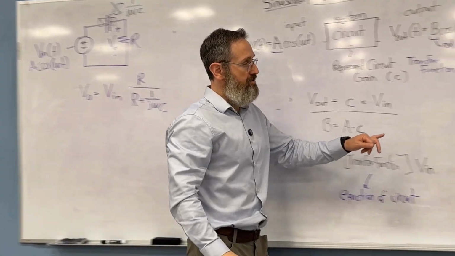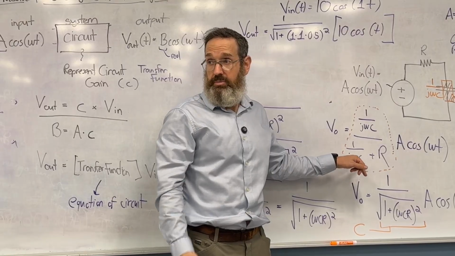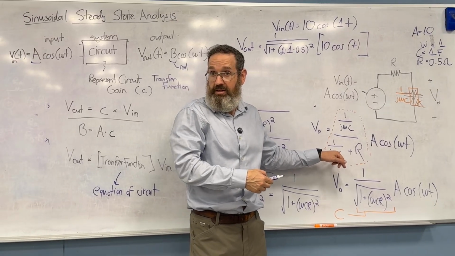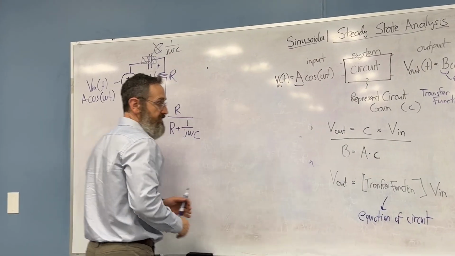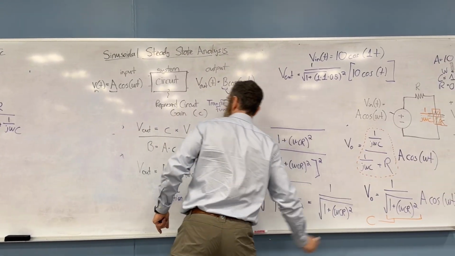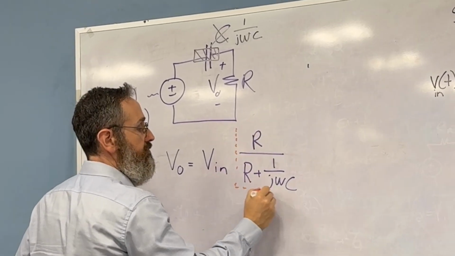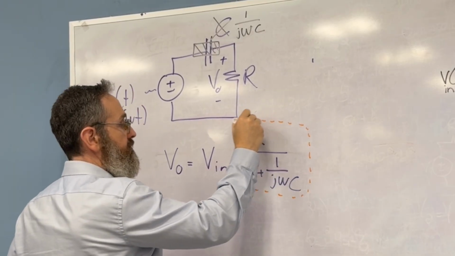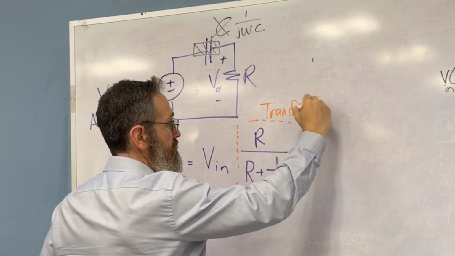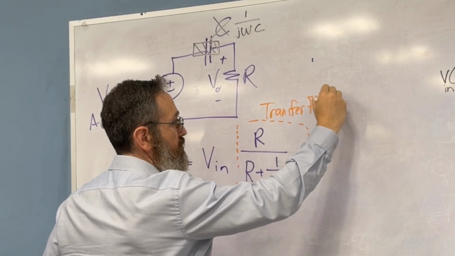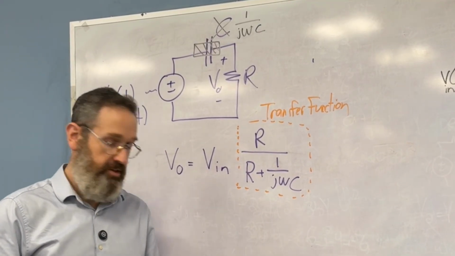It's not exactly the same equation as before, if you look at it, because it's a different circuit. Because it's a different circuit, it has a different equation. And this is the transfer function, which I've also called the equation of the circuit.